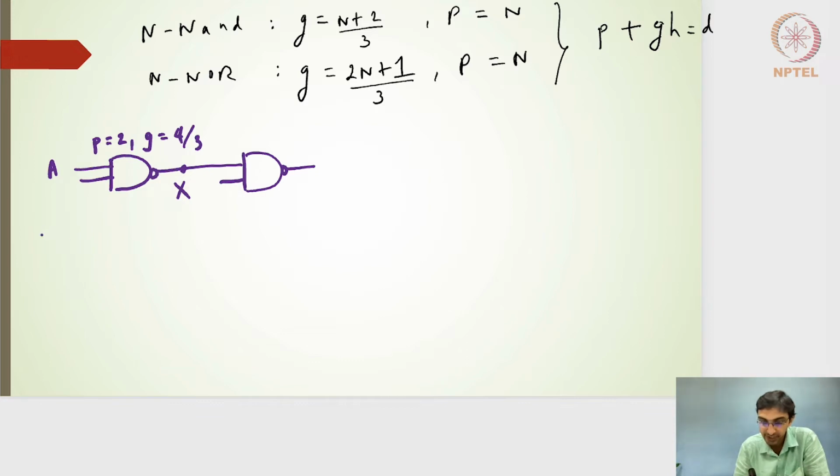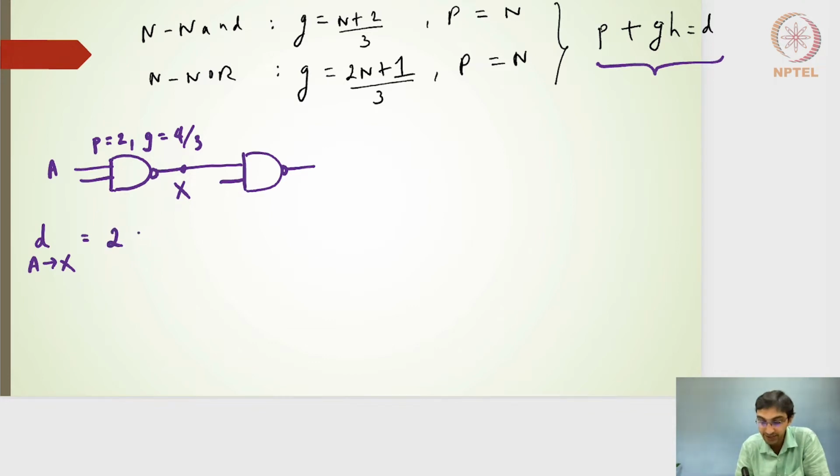So what should be the propagation delay from A to X? I've written a smaller d here, which means I'm interested in the normalized delay. Using my P plus GH model, the linear delay model, for this 2-input NAND gate I know that the parasitic delay P is nothing but 2.